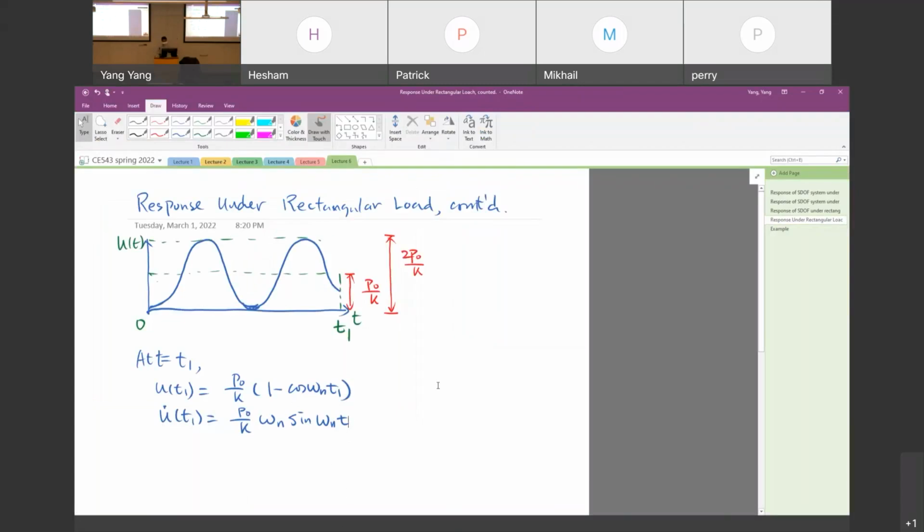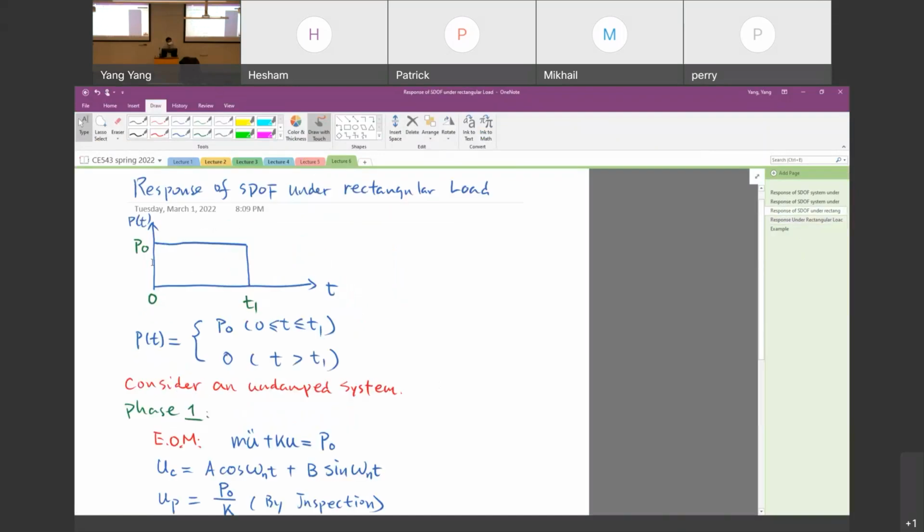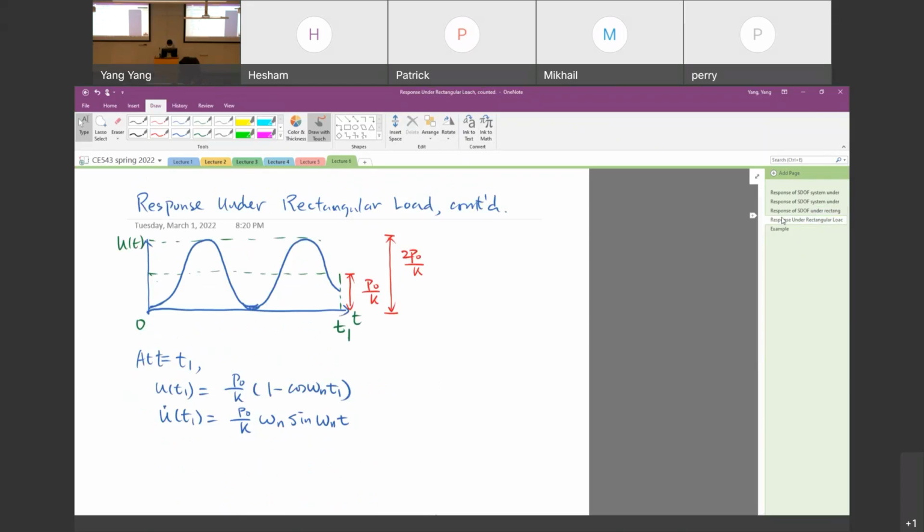So an important thing here is what is the static deformation if we have a force here? If we have a force equal to P0, what is the static deformation of the spring? The static deformation should be equal to the amplitude of the force over the spring constant.